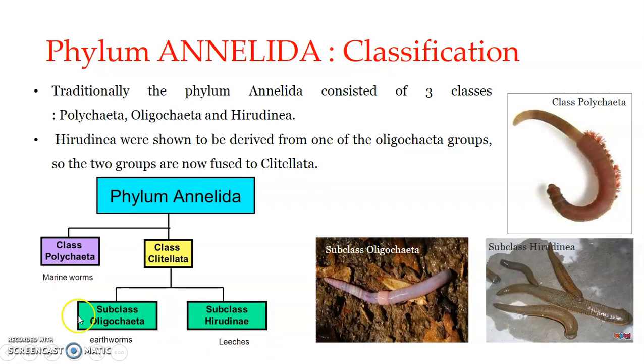This is the classification, right? So you can see here Polychaeta. The members of the Polychaeta contain many setae. As already mentioned, they are all marine and carnivorous, and they bear plenty of setae on their body. Setae are numerous.